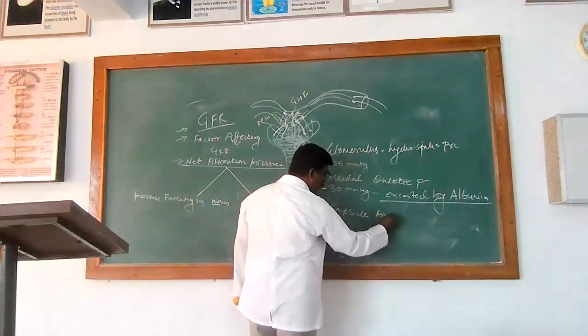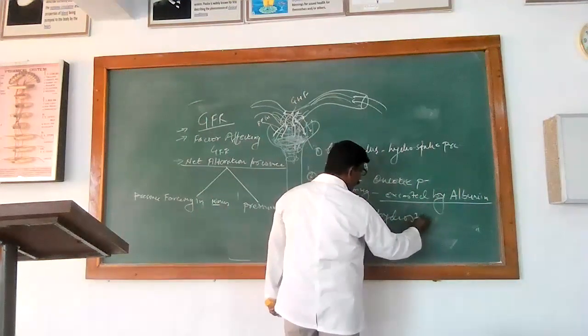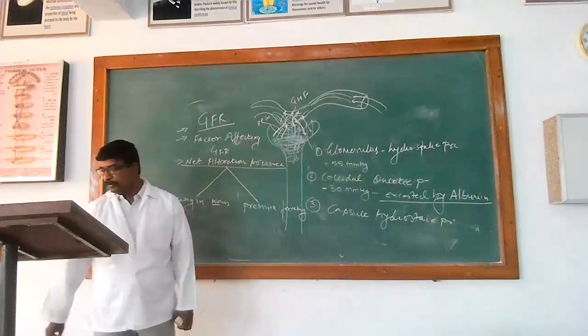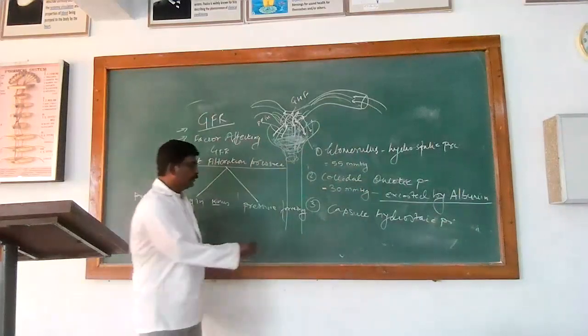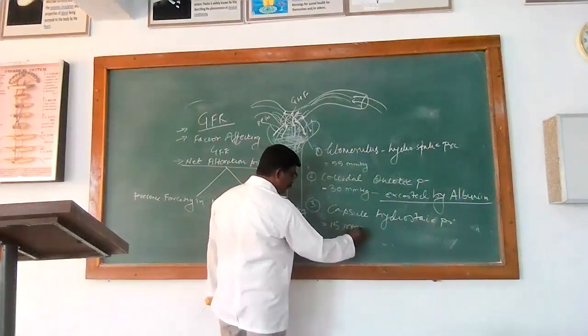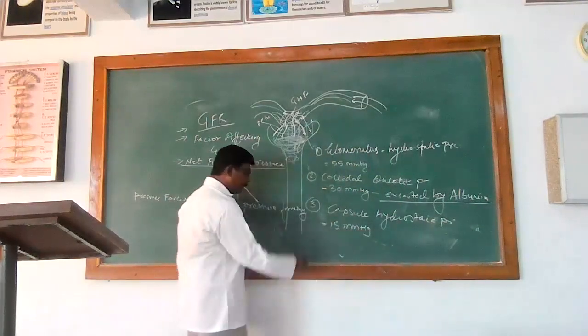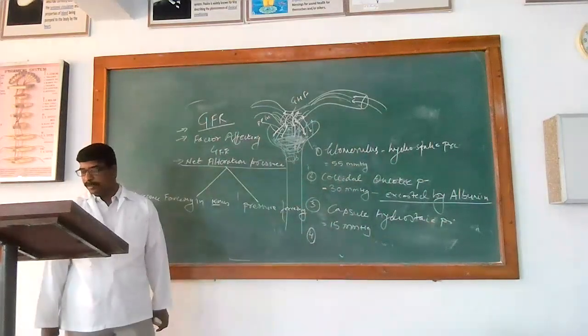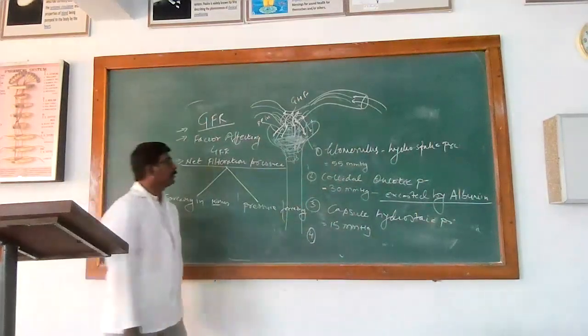This is about equal to 15 millimeters of mercury. And the fourth one is called the capsule osmotic pressure.